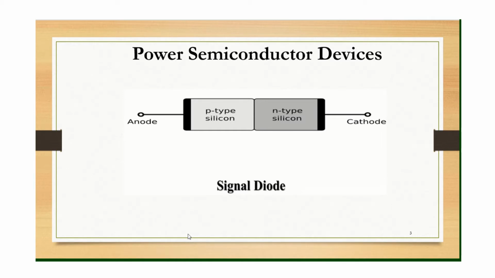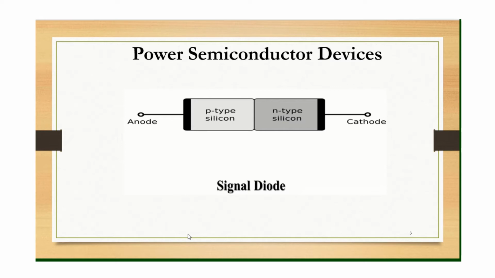The normal diode or the signal diode, as shown here in the figure, is simply a PN junction, with a P-type material and an N-type material, where you have the terminals anode and cathode. These power semiconductor diodes are not the same as signal level semiconductor devices.